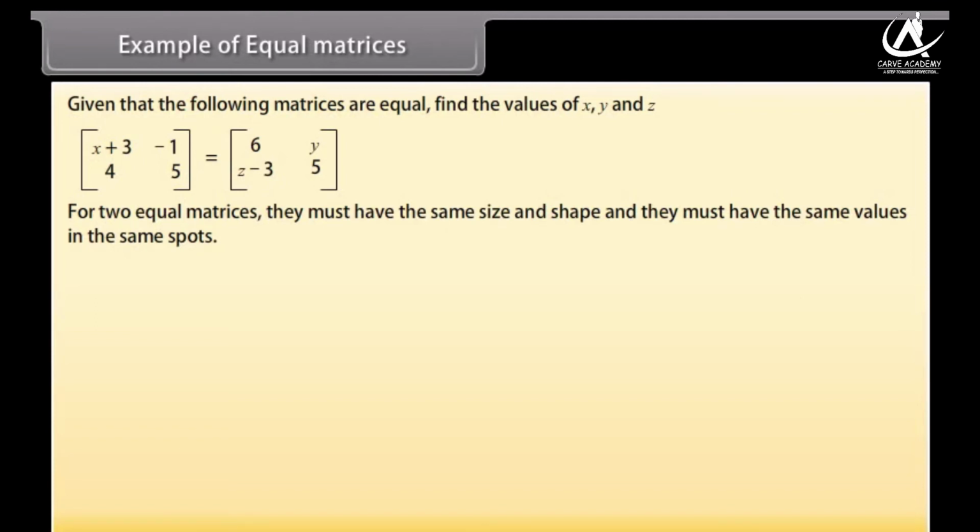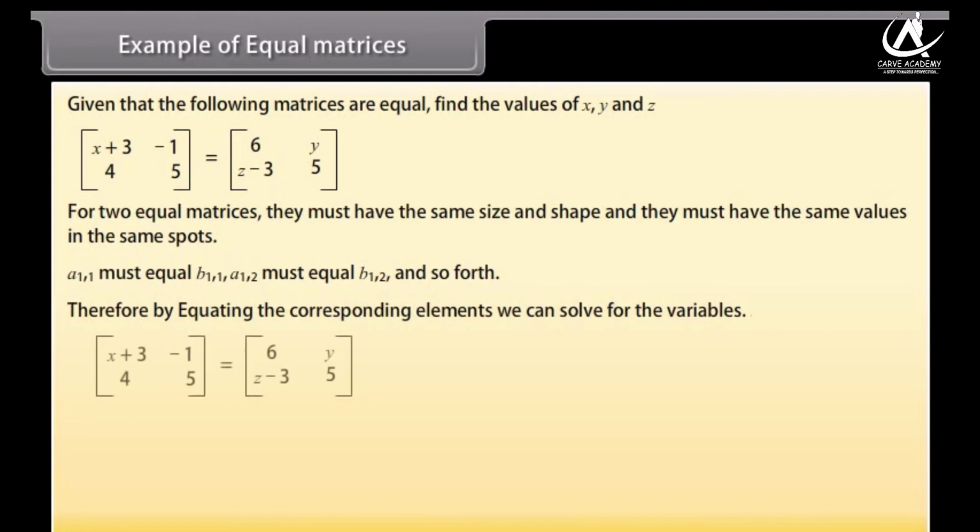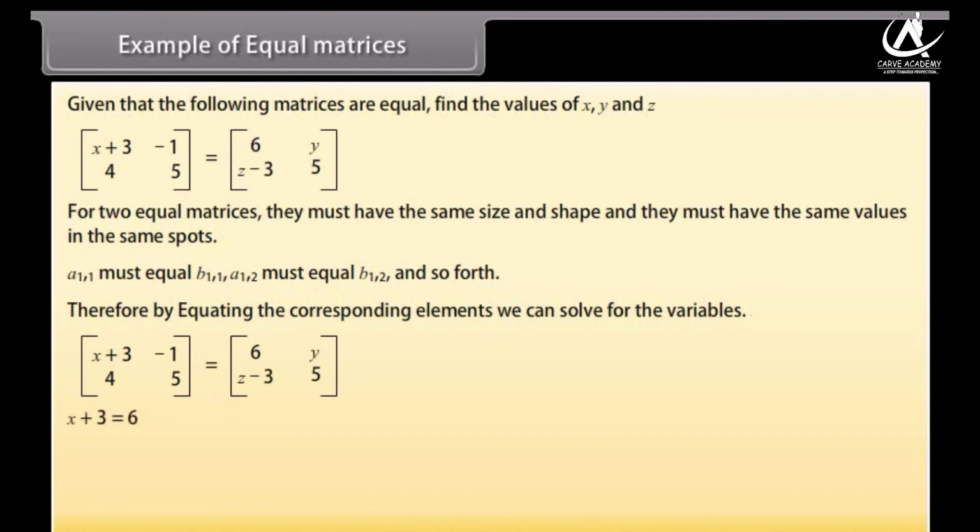Or we can say a11 must be equal to b11, a12 must be equal to b12 and so forth. Therefore, by equating the corresponding elements, we can solve for the variables. x plus 3 is equal to 6, x is equal to 3, y is equal to minus 1, z minus 3 is equal to 4, z is equal to 7.